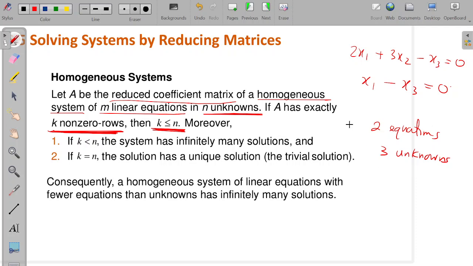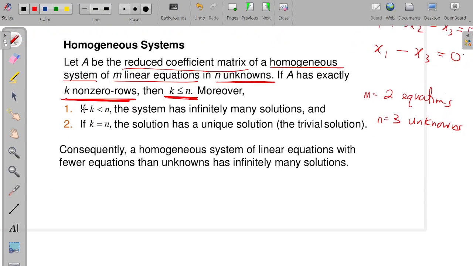Don't forget m is the number of equations, and n is the number of unknowns. So the number of rows is either less than or equal to the number of the unknowns, the variables. So we have these two situations.